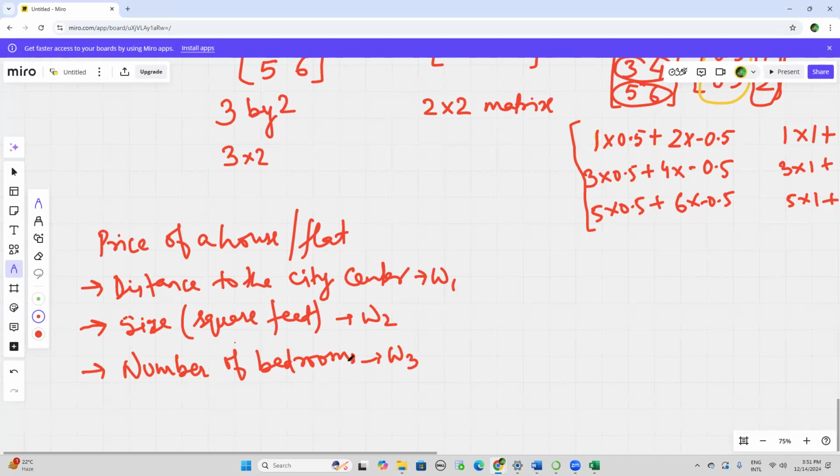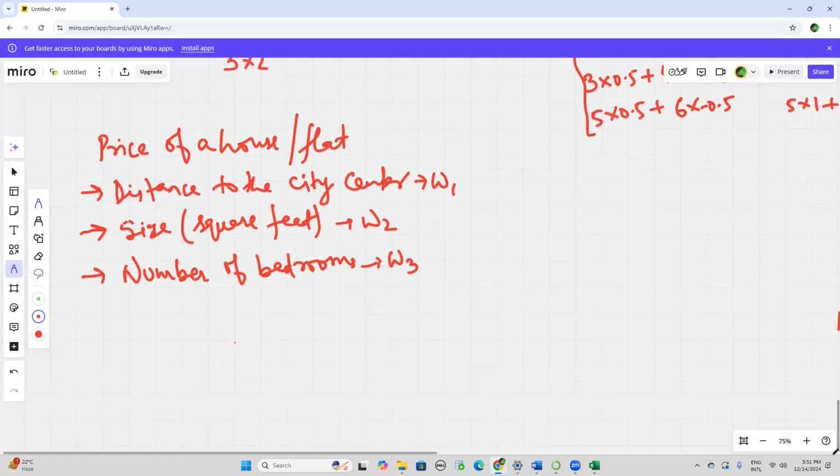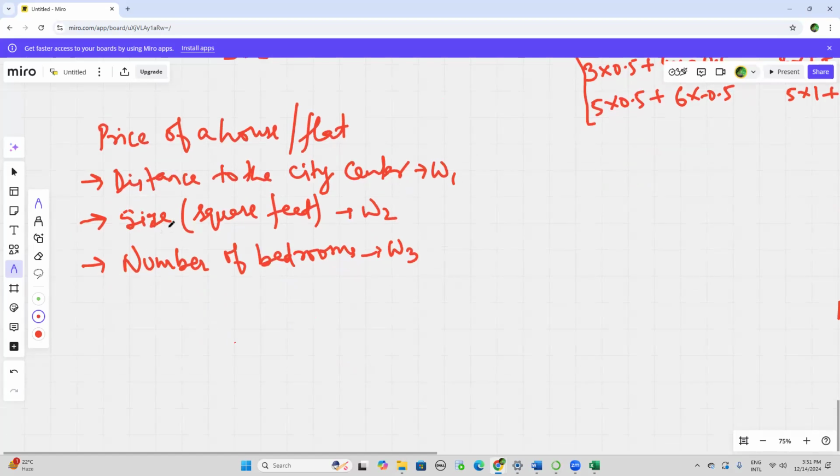So now when I have to decide the price of this flat, what I will do, 1 minute. There's a concept of linear regression model. At least you must have heard about it. This is very frequently used in ML models, and I will use this to predict the price.